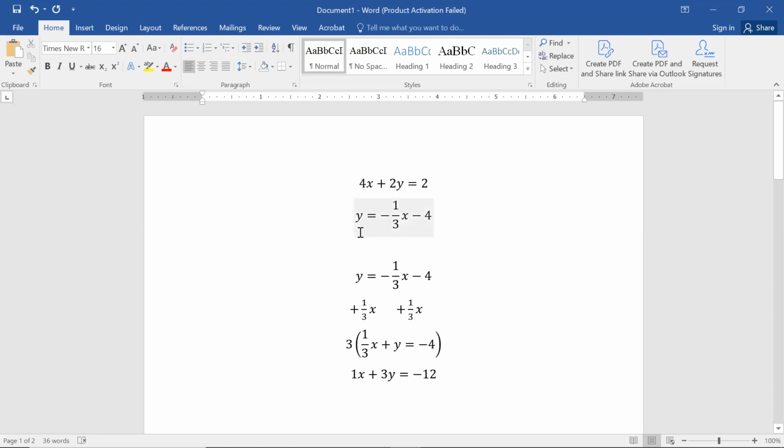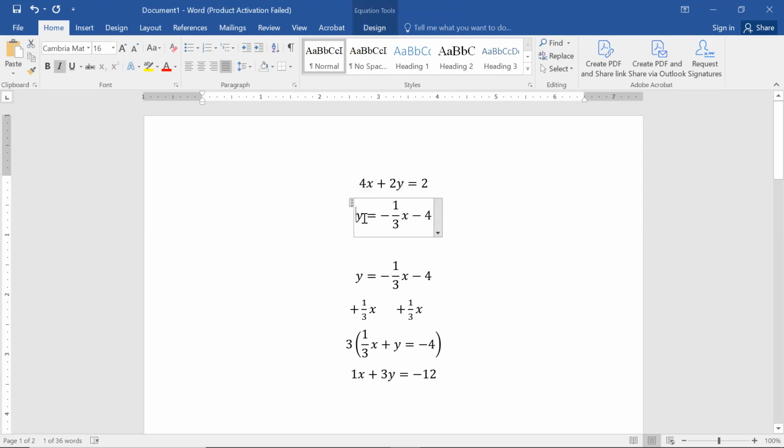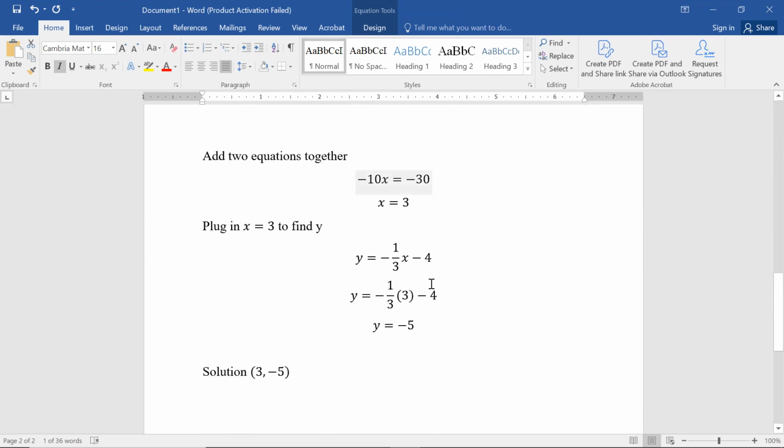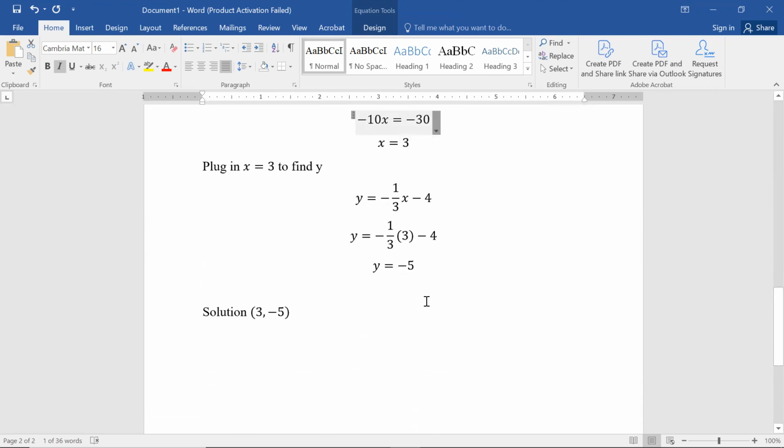You can check that if you want by plugging in 3, -5 into the first equation and 3, -5 into the second equation and checking whether or not that is true, whether both are true. Again, I will spare the time and just say it is true in this case. 3, -5 is the correct solution.